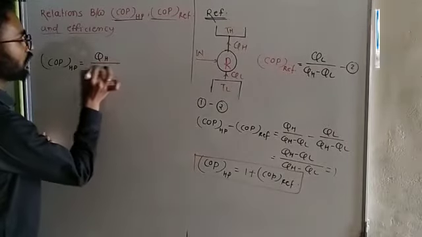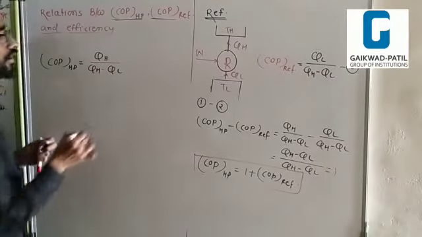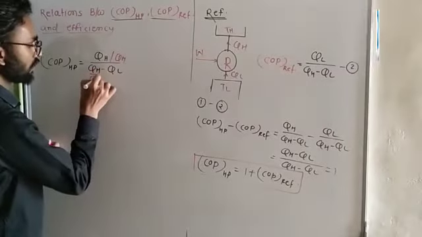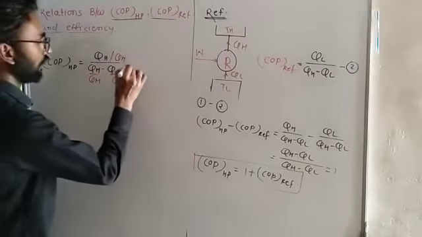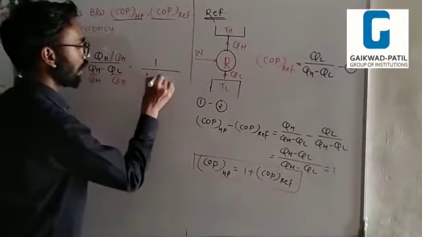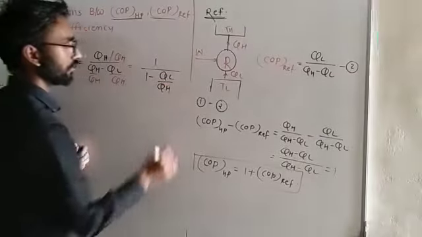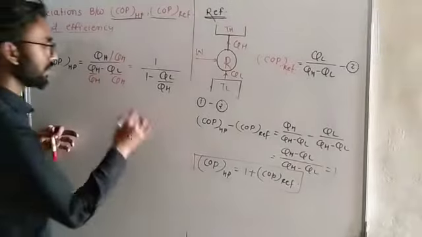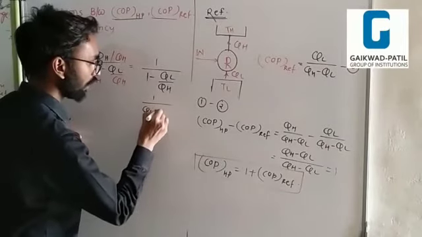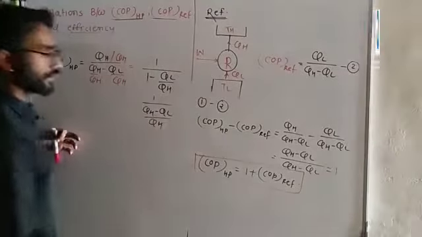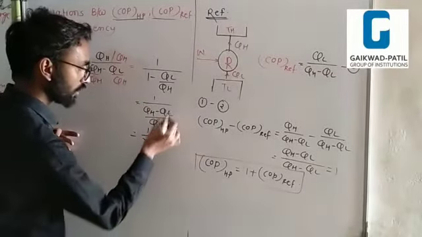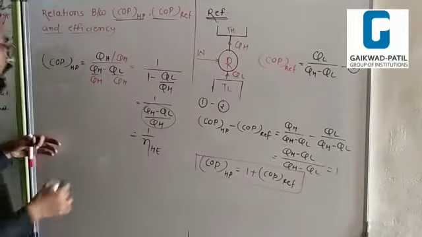Desired is QH over QH minus QL. Here we divide by QH, so at the top 1 remains, and the bottom becomes QH over QH minus QL over QH: 1 over 1 minus QL over QH. This whole term is known as the efficiency of the heat engine.